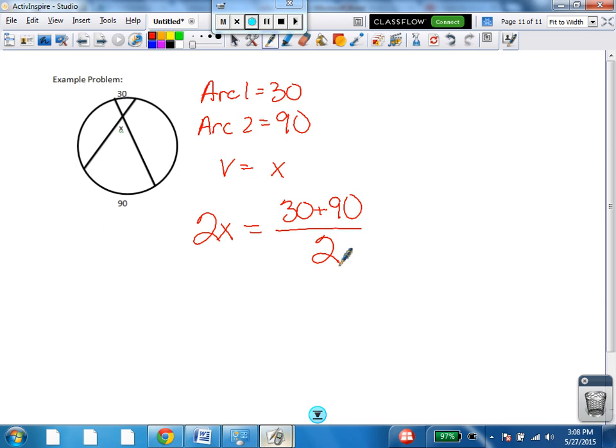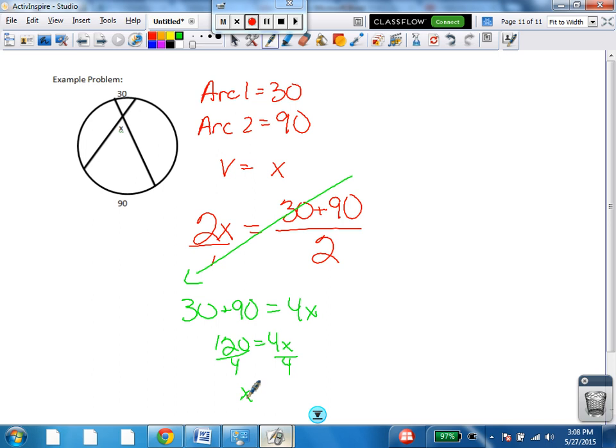Cross multiply, so let's put a 1 over top of this. If I cross multiply, I get 30 plus 90 is equal to 4x. Combine, I have 120 is equal to 4x. Divide both sides by 4. X is equal to 30.